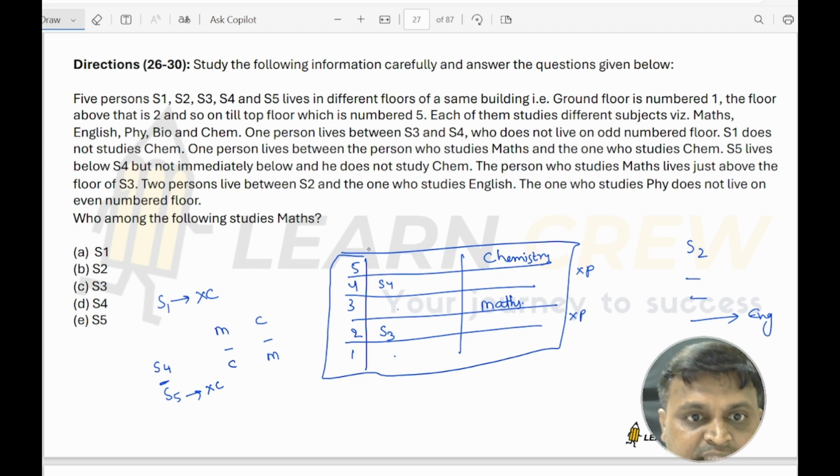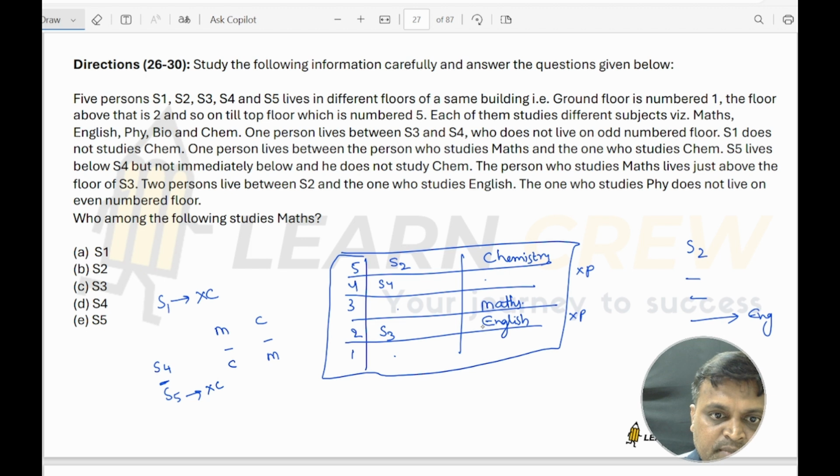Now, two persons live between S2 and the one who studies English. If I take S2 here, two persons live in between, so I can take this one as English, because it is not physics.